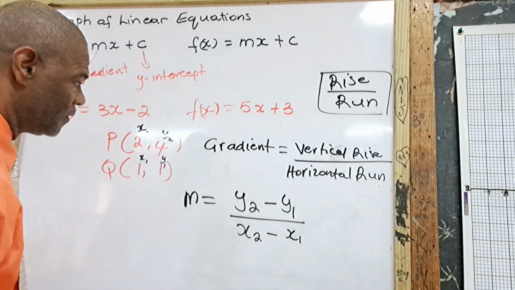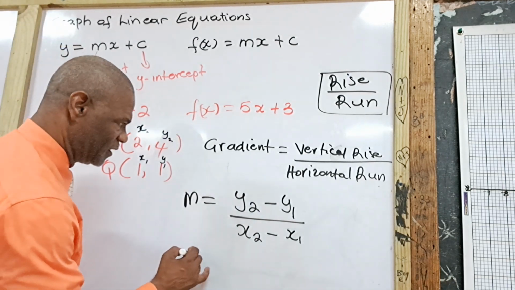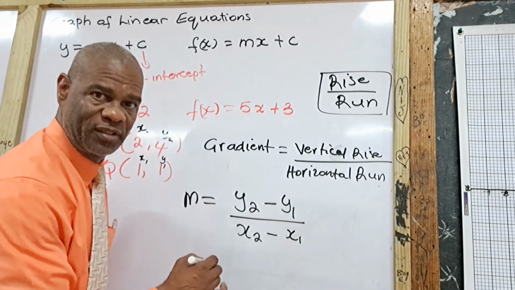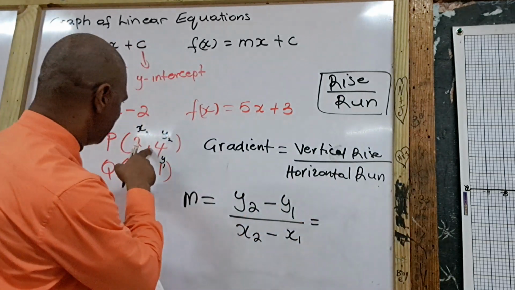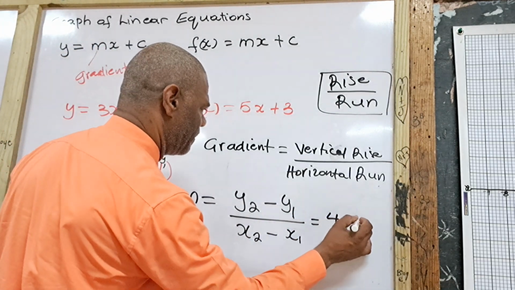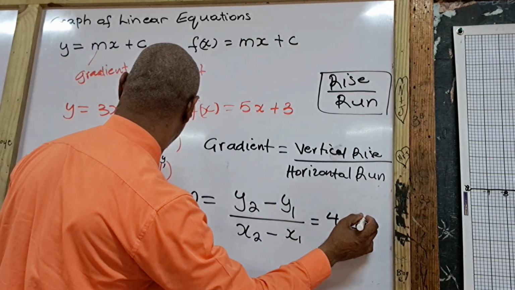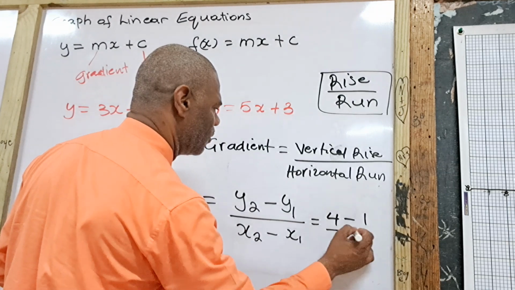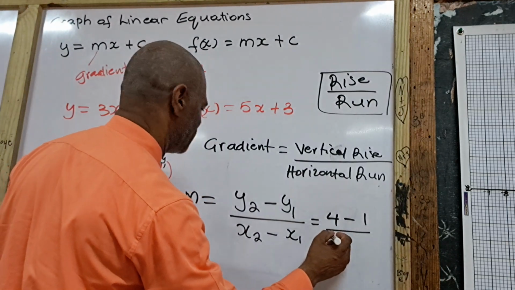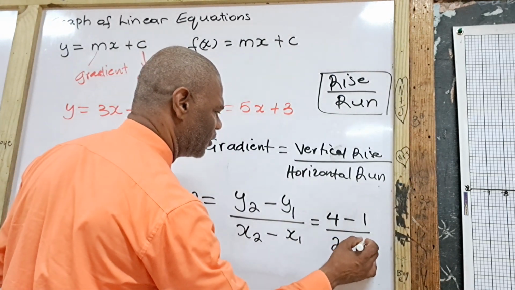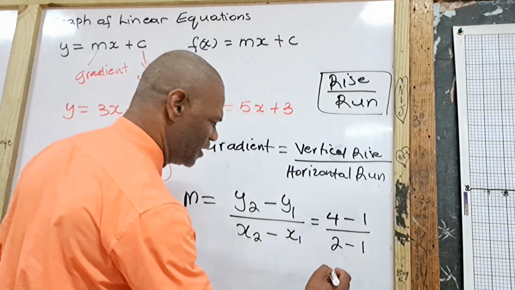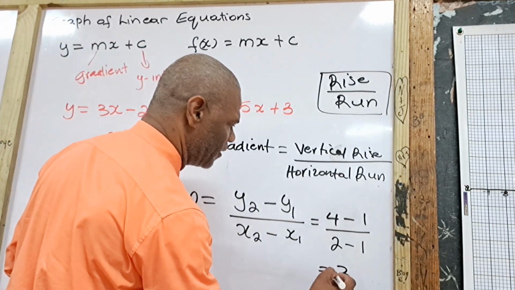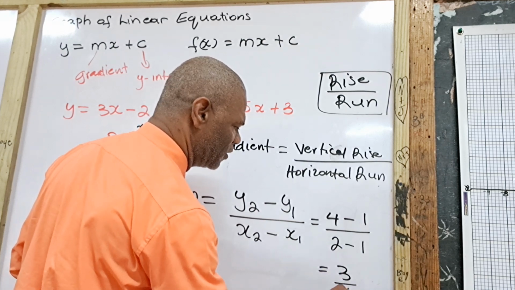Okay. So we have what? That would give us, let's put it on this side, 4 minus 1 over 2 minus 1. I know 4 minus 1 is equal to 3 over 2 minus 1 is 1.